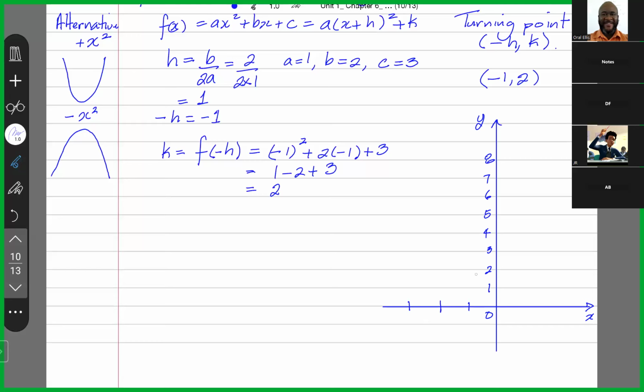Now, -1, 2 is my turning point. I'll put it somewhere around there. And 3 is the y-intercept.